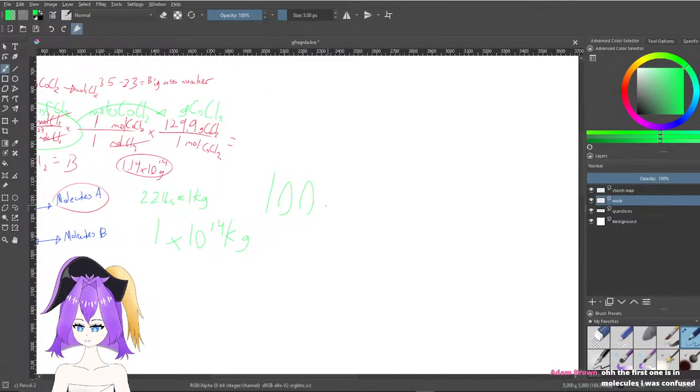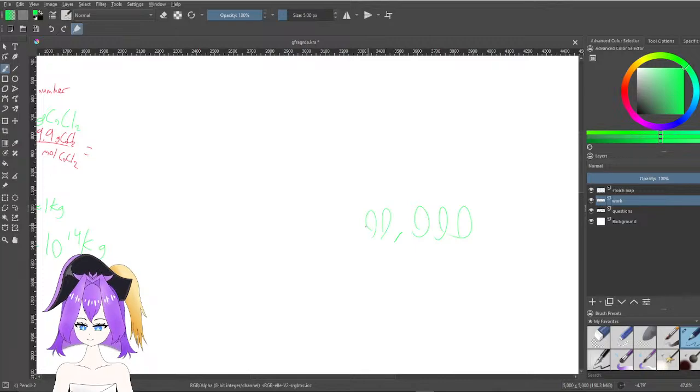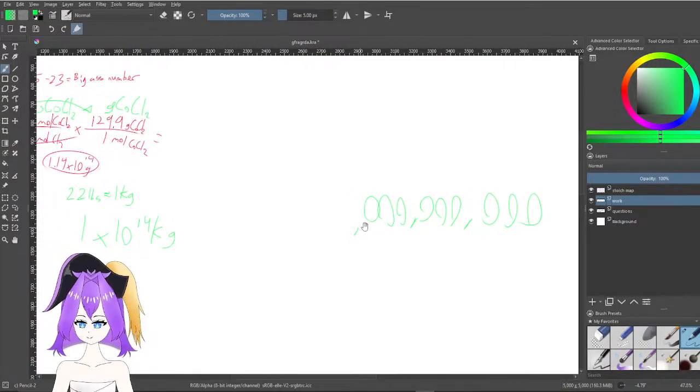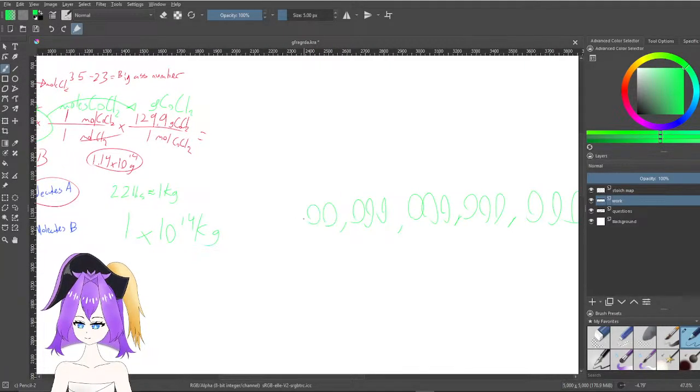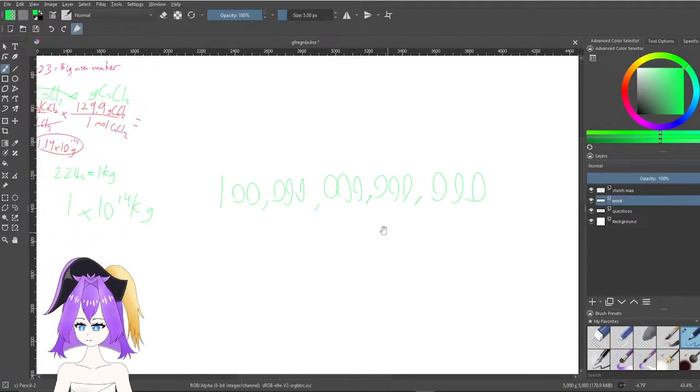Let's do this. So 1, 2, 3, comma, 1, 2, 3. I apologize for my bad handwriting in advance. I'm a guy. 3, 6, 9, 12. That's a big number, right? That is such a big number.